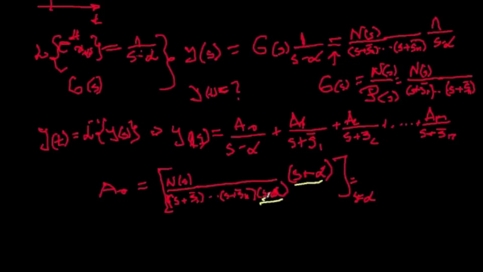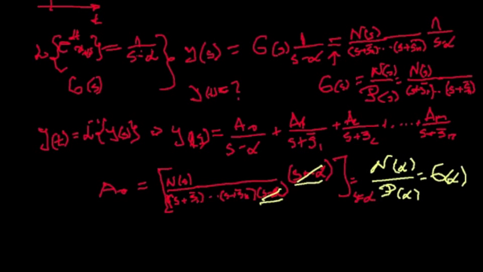So these two cancel, and we have N at alpha over P at alpha, which is nothing but G at alpha. Okay.